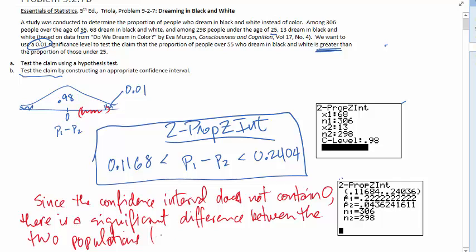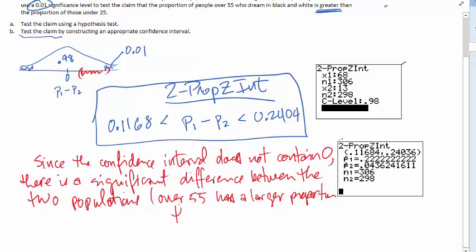And the over 55 group has a larger proportion than the under 25 group.